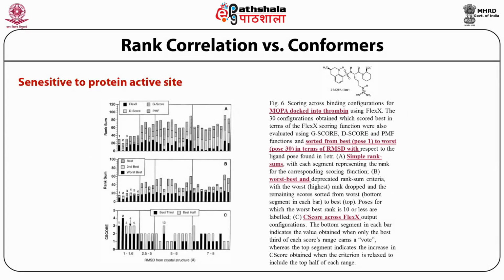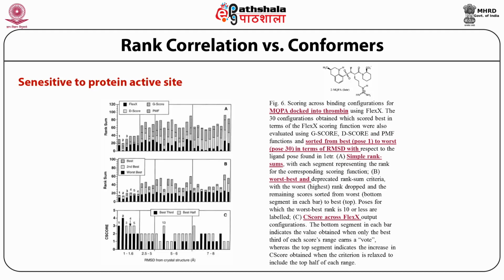So one has plotted here with respect to one compound binding to one active site, however, many conformers. So MOPA has been docked into thrombin using FlexX: one software, one compound, one active site, but scored by very many different scores, and 30 configurations were chosen, that is, how many different poses this molecule can have has been explored here.